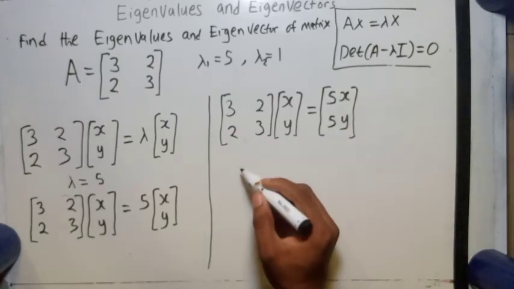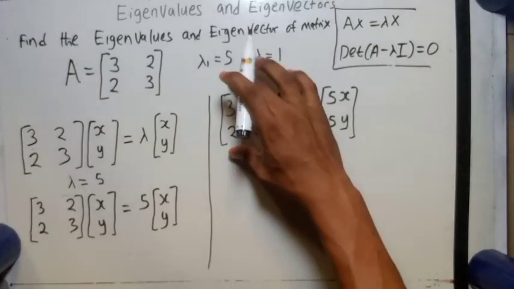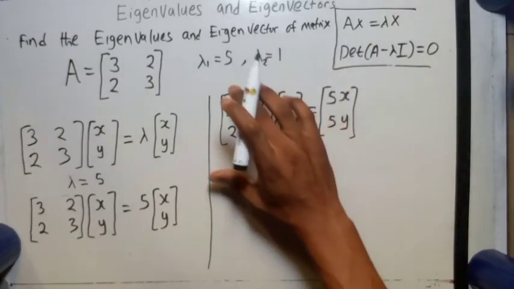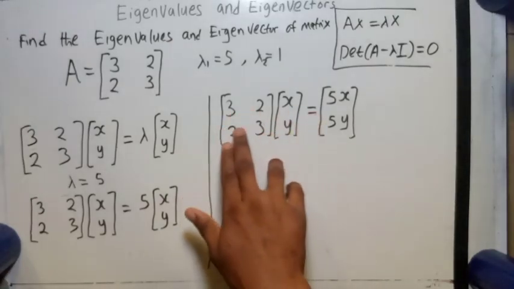Then we can go further. I'm removing it from its matrix form and taking it back to its normal equation form.